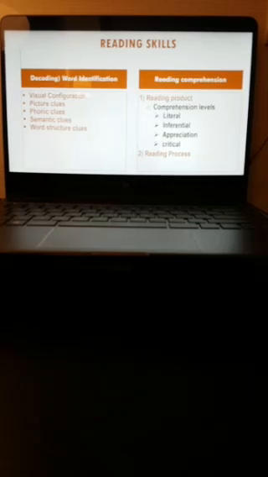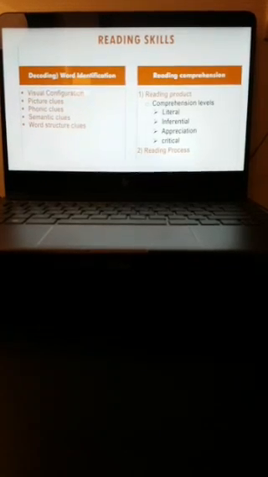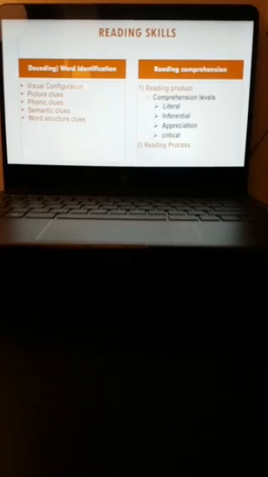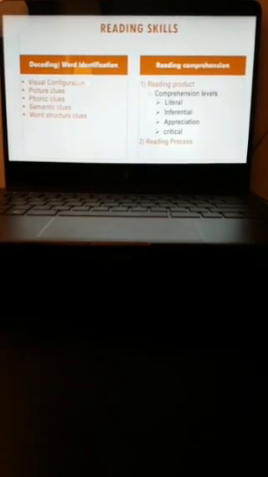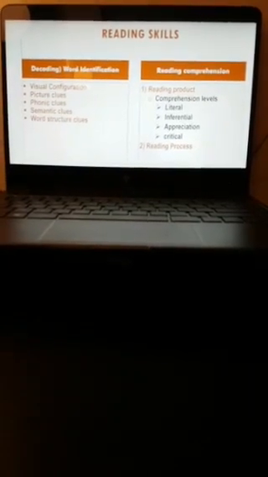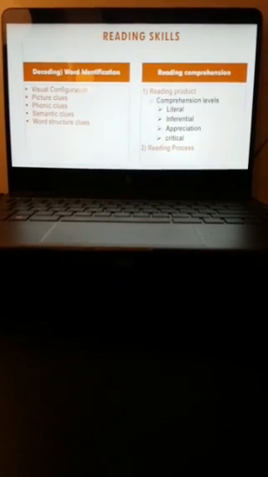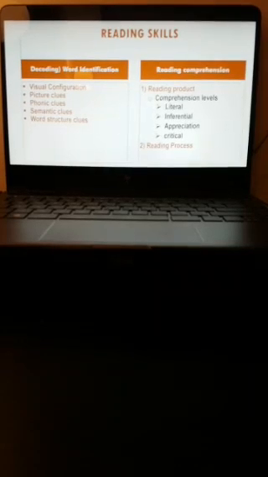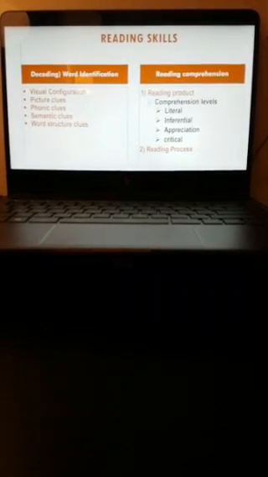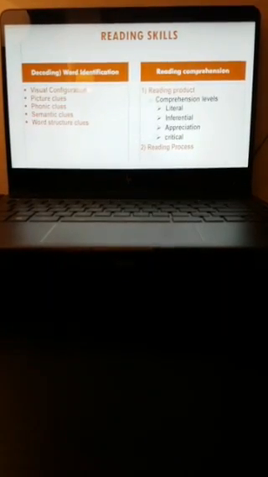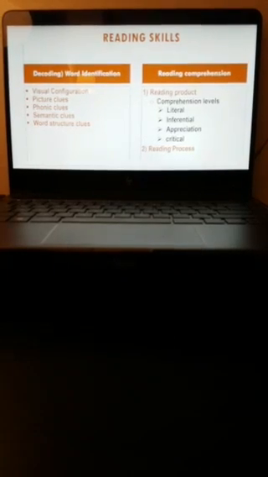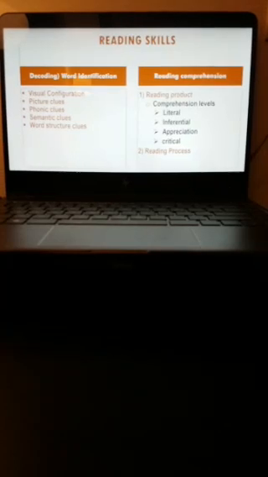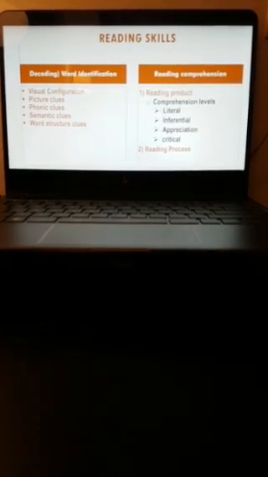Inferential reading is when we infer ideas that are not clearly stated. For example, if I say Sarah is 9 years old and Maha is 3 years older, how old is Maha? Maha is 12. Now 12 is not mentioned in the two sentences. We have to do something in our brain to figure out the meaning.